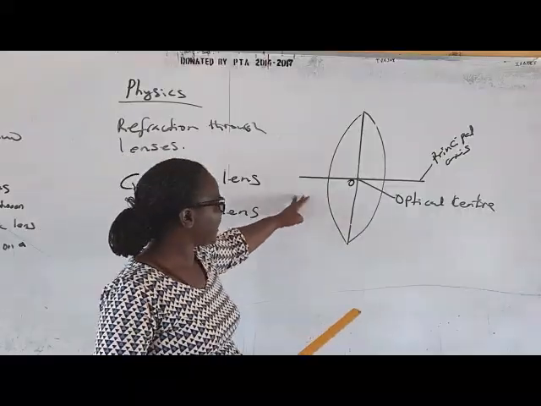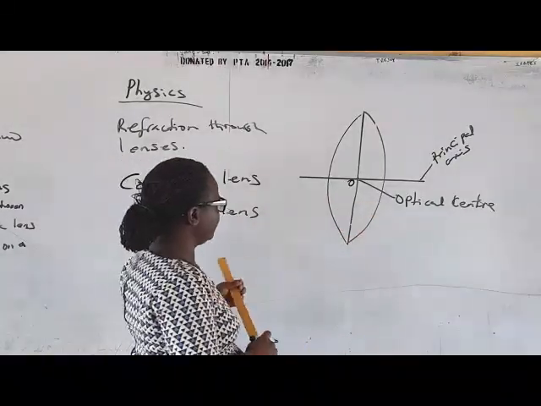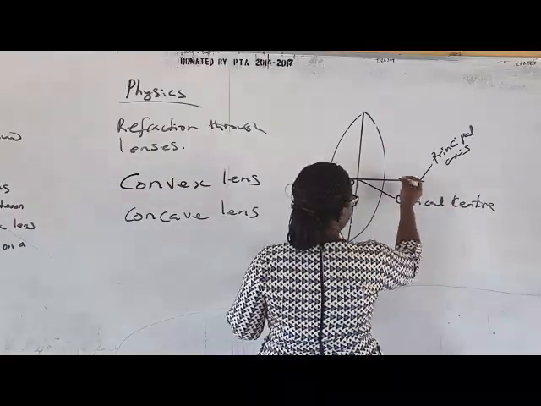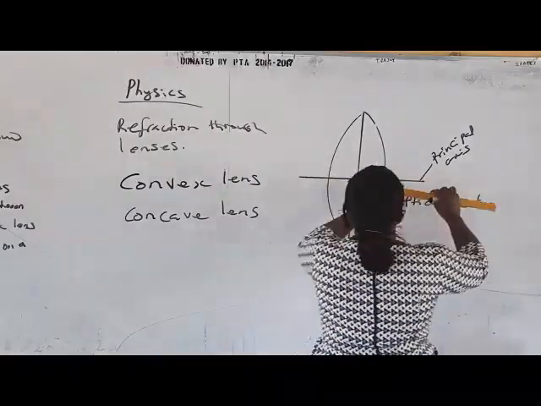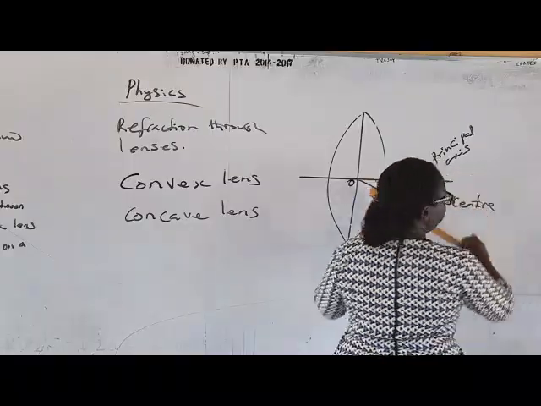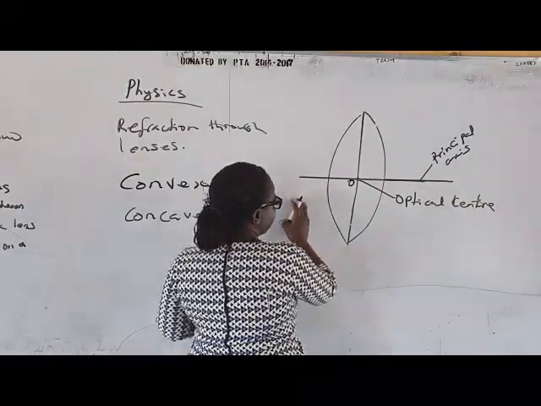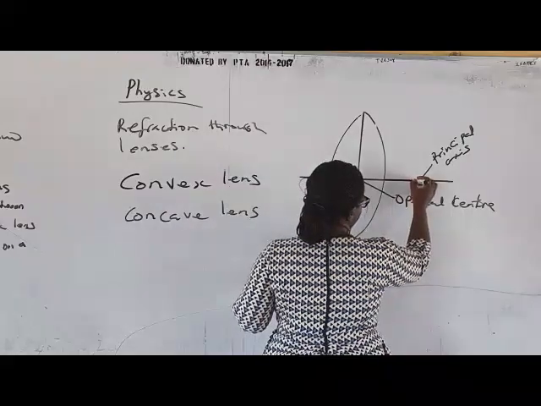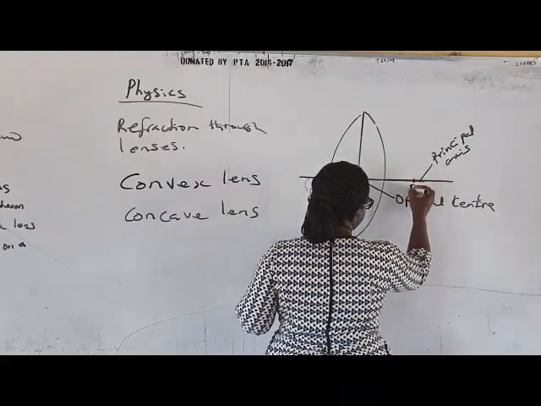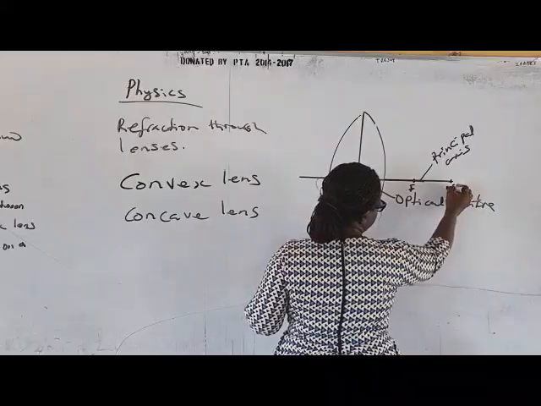From there, all other rays are going to either converge or diverge. Equidistant from there, on either side, since the lens is a transparent medium, you can take the image characteristics on either side. You have the principal focus, and then you have 2 times the principal focus.